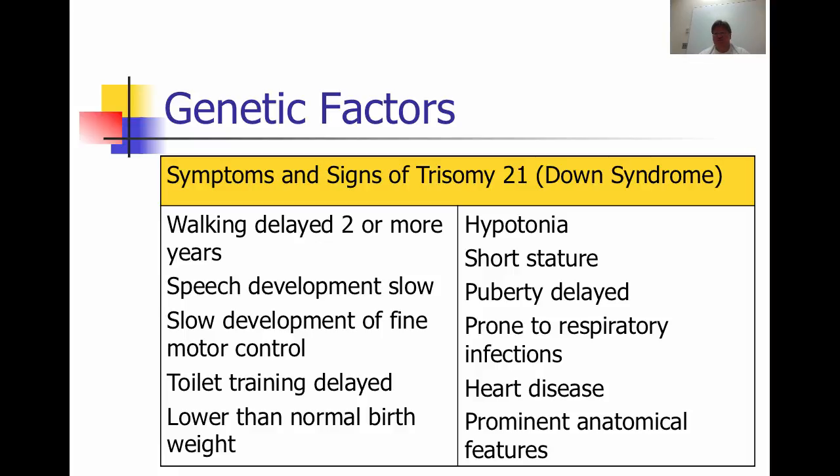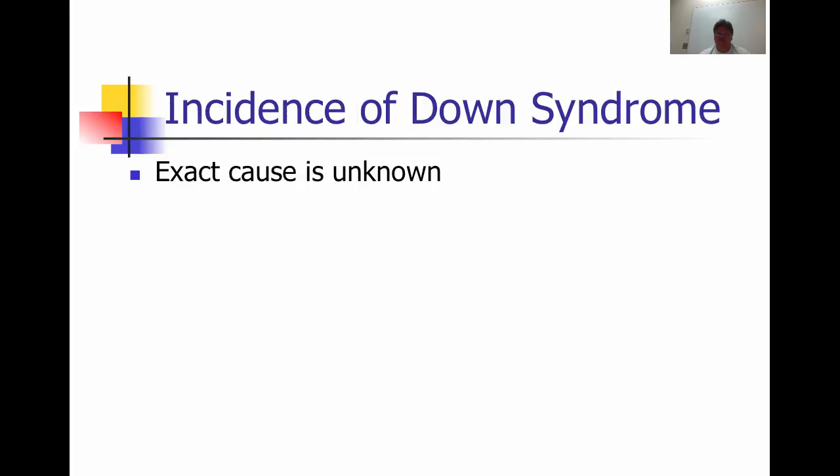They're prone to respiratory infections, heart disease, which is obviously very serious, and some prominent anatomical features which make them look different, which we'll look at in the next few slides.